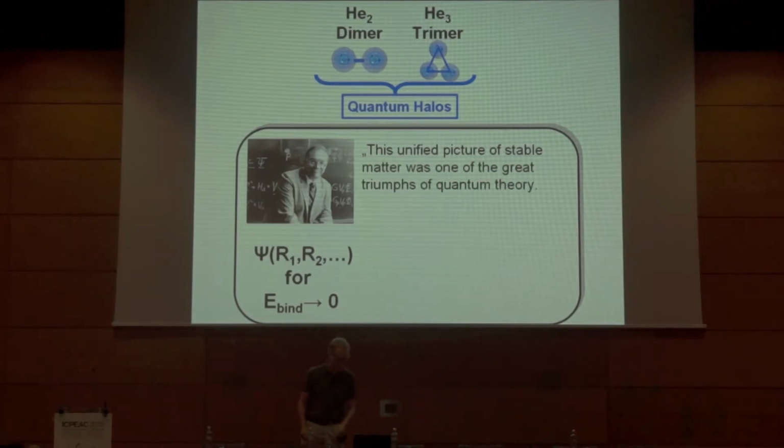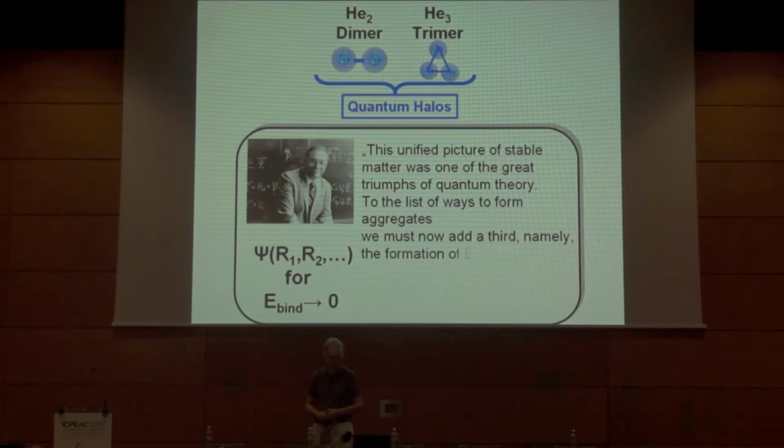And just to quote Joe, in this review paper, he mentioned that the great triumph of quantum mechanics was to explain how aggregates are formed. And in this transition region, where a bond disappears, actually a new form of quantum matter arises. And he said that, well, at that transition, we now have to add a third way of how quantum mechanics creates stable aggregates, and that is the Efimov states, which I will talk about at the end of this presentation.